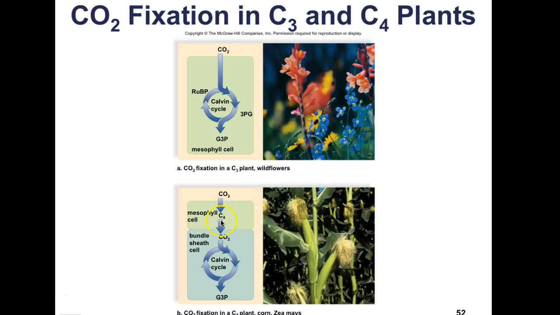CO2 comes in and is converted to that 4-carbon compound, oxaloacetate. So that's where carbon fixation occurs, in the mesophyll cells. Then that C4 organic acid will release CO2 into the bundle sheath where the Calvin cycle will occur. So this is a spatial separation occurring in 2 different types of cells.